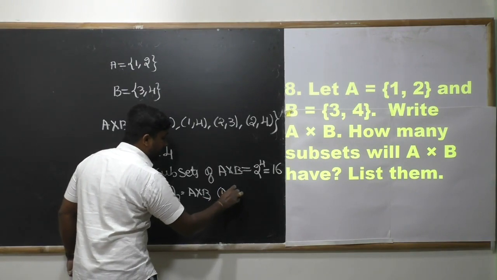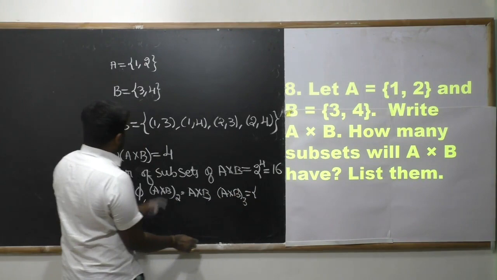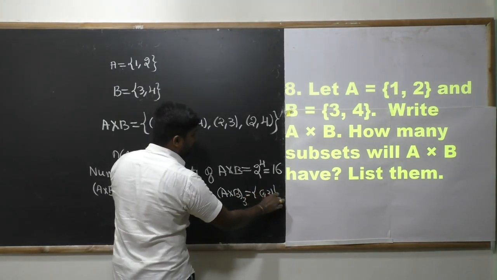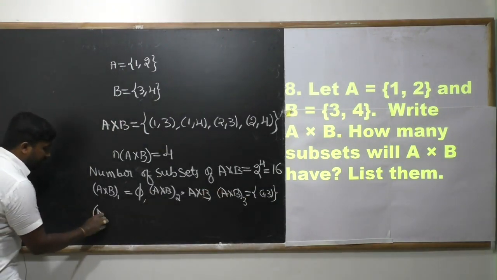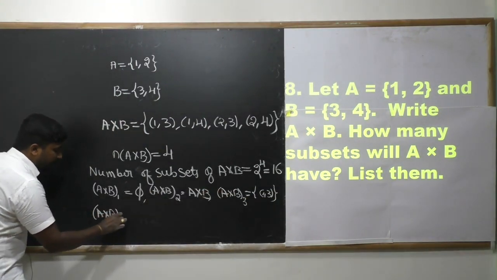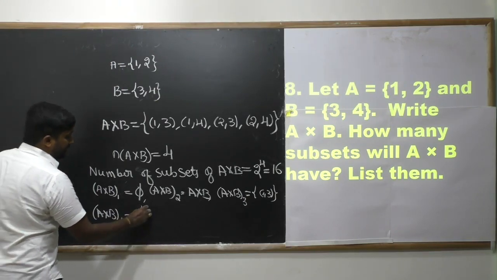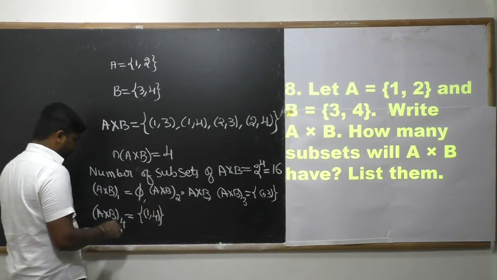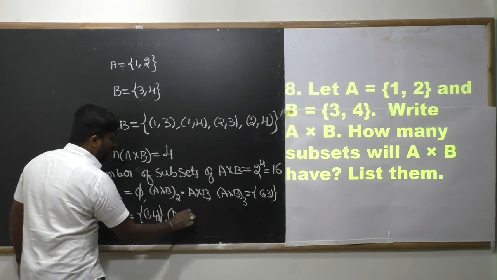Next, the third subset of A cross B is the set with ordered pair 1 comma 3 only. Next, the fourth subset of A cross B is the set with ordered pair 1 comma 4. Next, fifth subset, A cross B of 5.